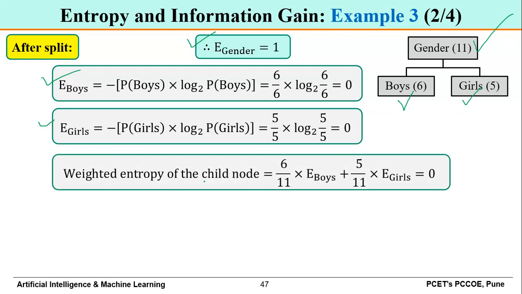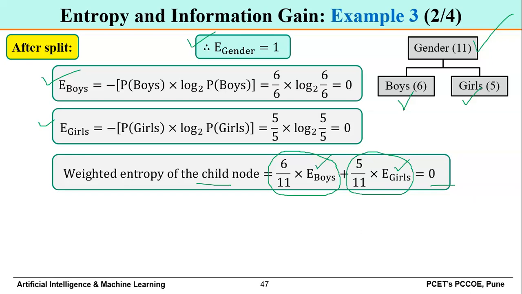The weighted entropy for the child node is 6 by 11 multiplied by the entropy of boys plus 5 by 11 multiplied by the entropy for the girls. And as the entropy for boys and girls is equal to 0, the weighted entropy for the child node is 0.